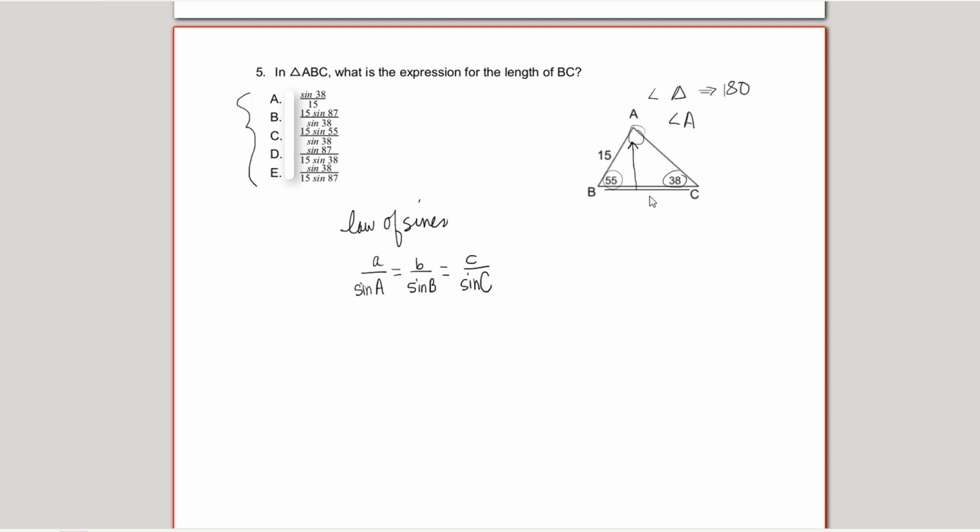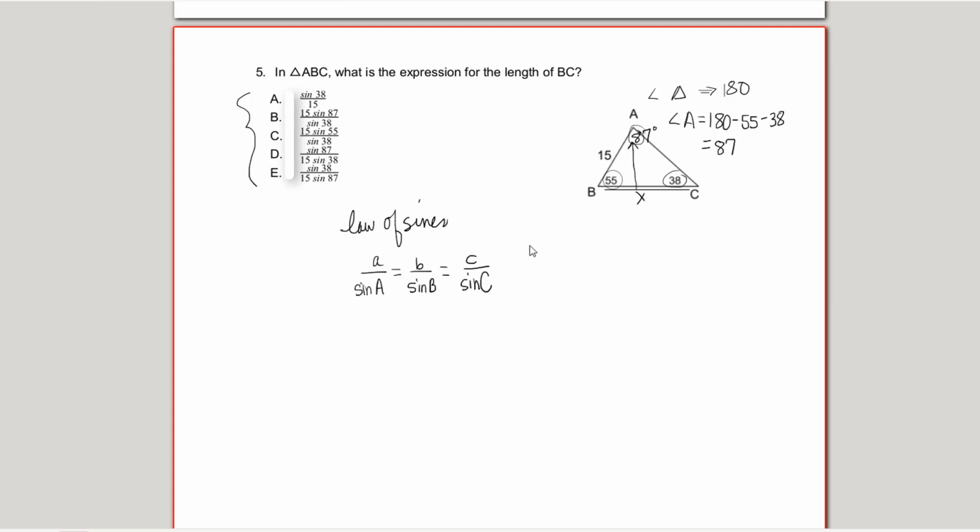Let's take a look. If we're looking for our unknown, which we'll just call this side length X, let's go ahead and figure out what angle A is equal to. And it is equal to 180 minus 55 minus 38. And that is equal to 87. And so when we put that in, that will be 87 degrees right there.